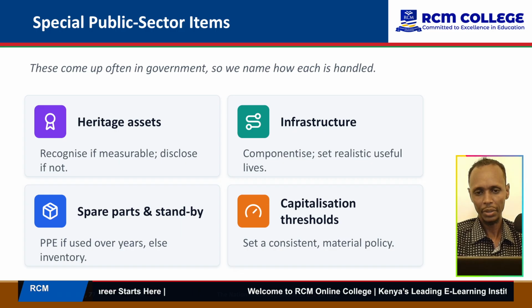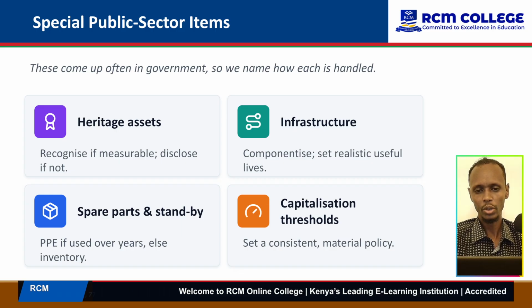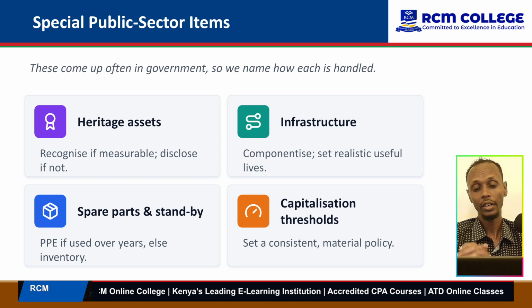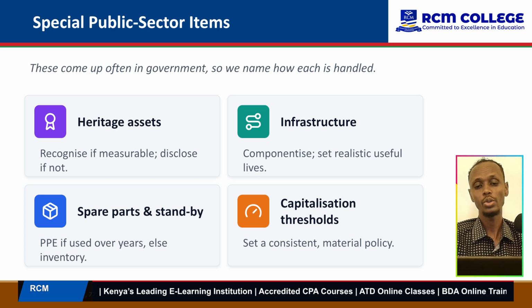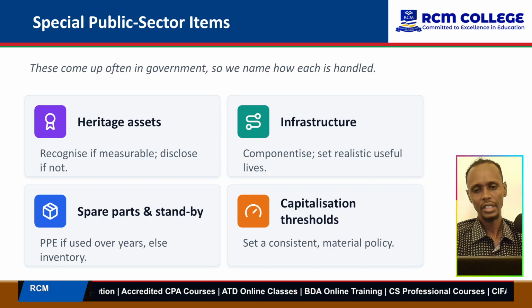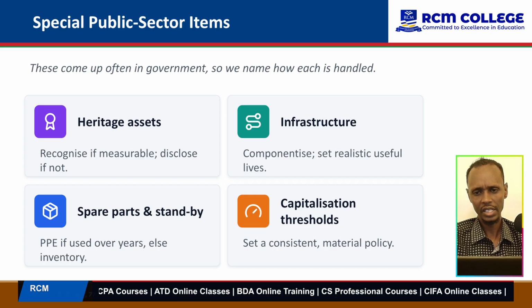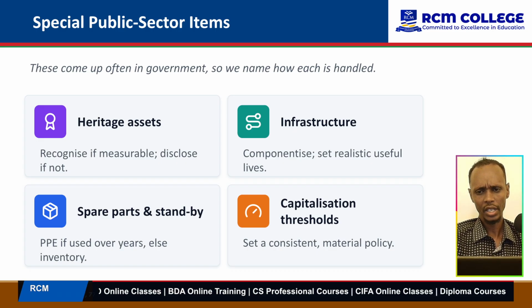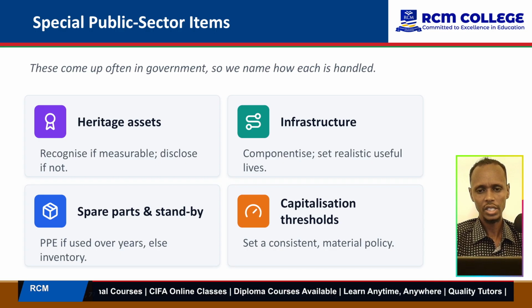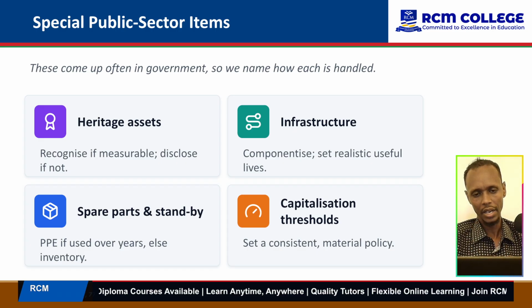So we don't capitalize, but we record those as inventories, even if we hold them for more than 1 year, because the aim is to finally consume. As for capitalization threshold, an entity can come up with its own. Someone can say 10,000, another person can say 50,000. Once you set it, apply it consistently, and the materiality policy should apply.